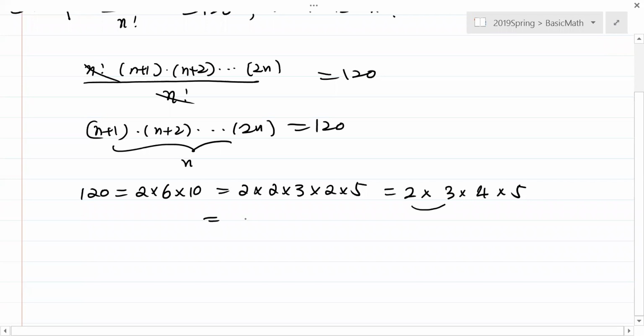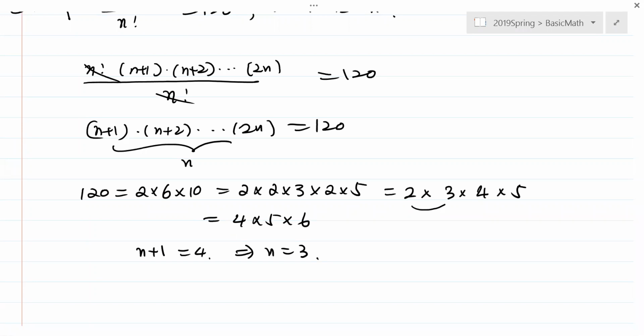Another possibility is 4 times 5 times 6. Then maybe that works. n plus 1 should be equal to 4, so n is 3. 2 times 3 is 6. So that works. There are only 3 terms here.